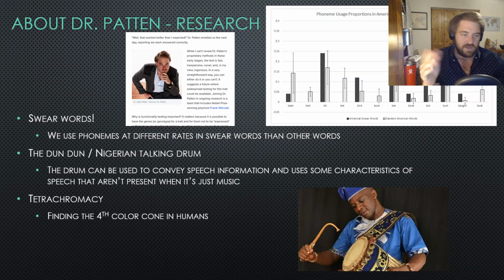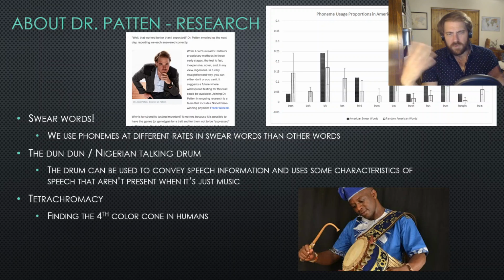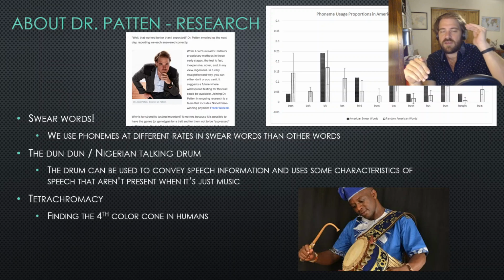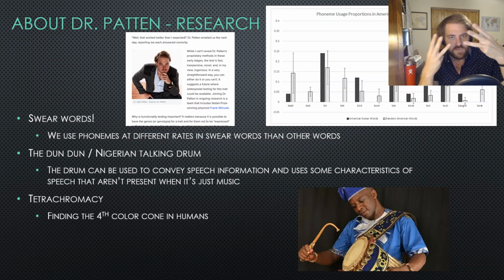And then lastly, and this isn't really related to anything that we do here at SHS, so I won't talk about it as much, is research on tetrachromacy, which is the presence of a fourth color cone in your eye. Most of us only see three color dimensions.